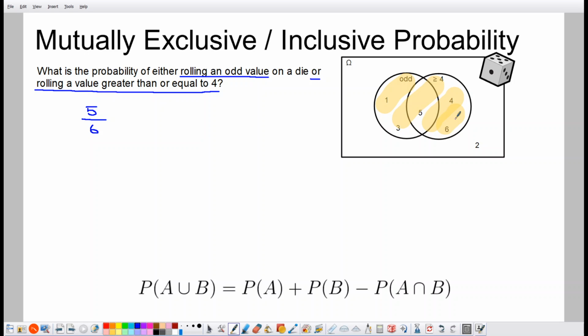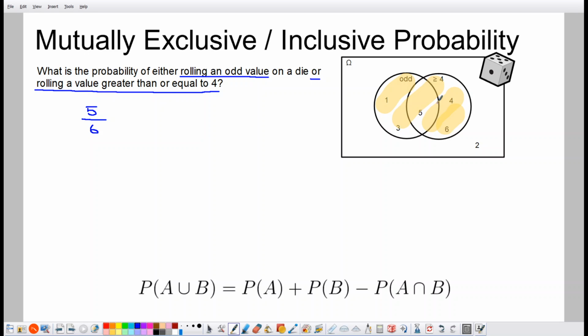Especially if you have 3 or 4 events, you don't want to start wading through a million different possible events with your little tally board saying, yep, yep, nope, that didn't match. You don't want to individually count all those things. Same thing applies here. We want to tackle this same type of problem, albeit perhaps with a little more complexity, without having to resort to Venn diagrams or tables and physically counting our results.